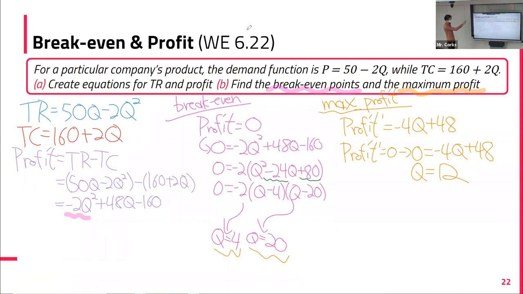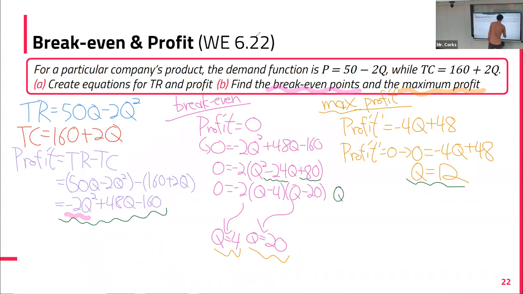Okay, so that's where the maximum profit is happening. One more step here. How can we find the actual maximum profit? Into which equation? Okay, so we will take this Q value, the location of our maximum profit, and plug it way back here into our actual profit equation, and that will give us our maximum point.